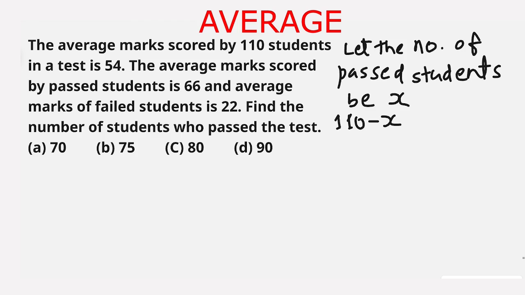The total marks of passed students is 66x, because the average marks scored by the passed students is 66, plus the total marks of failed students is 22 multiplied by 110 minus x, because 22 is the average marks obtained by the failed students and the number of students who failed the examination is 110 minus x, and this is equal to the total marks obtained by the 110 students.